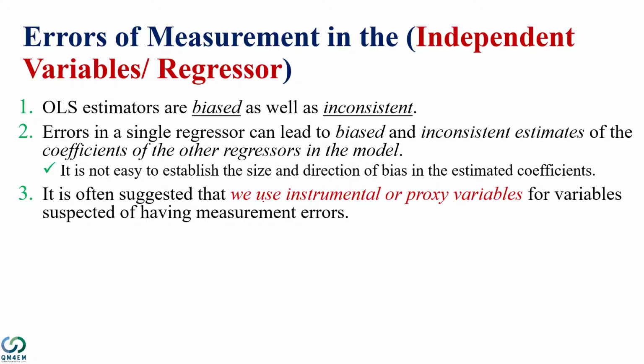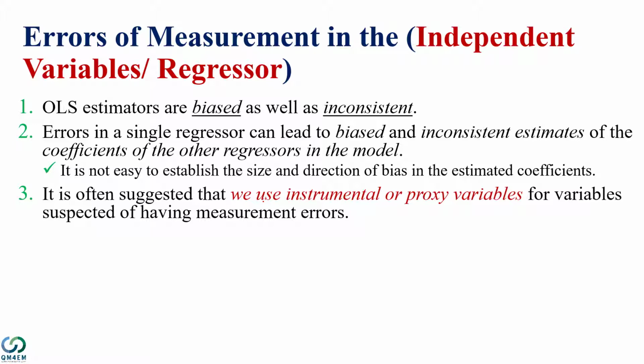Even one variable can spoil all the regression analysis you have been doing, without having any track of the size or the direction of the bias it's introducing because of its measurement error. One potential solution is that instead of using that variable, use certain other variable instead of the variable which has issues of measurement errors.